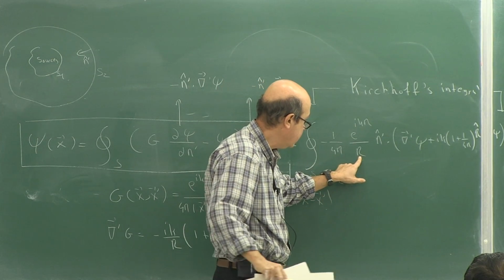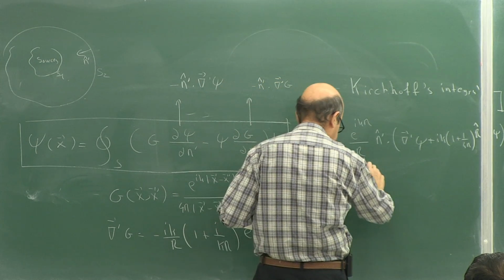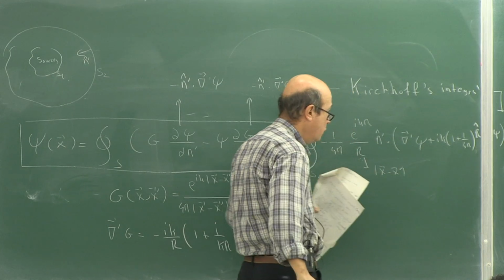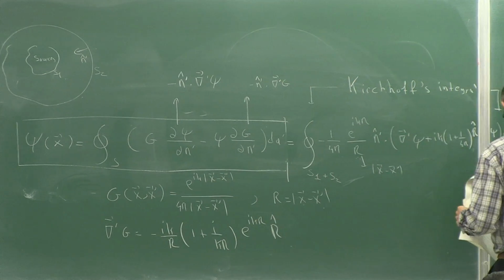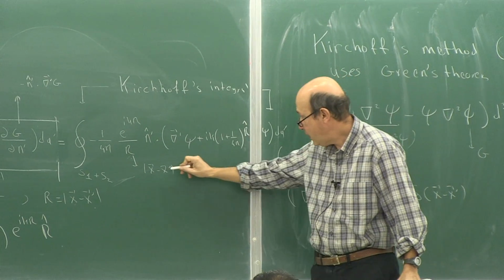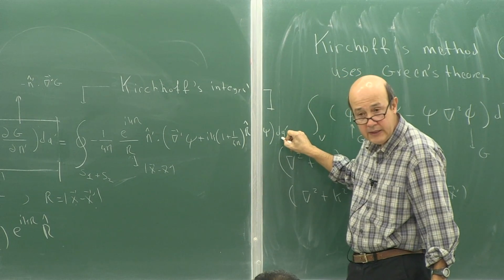So r is nothing but x minus x prime. You are going to take the integral through the surface, and x prime is the region at the dE prime.